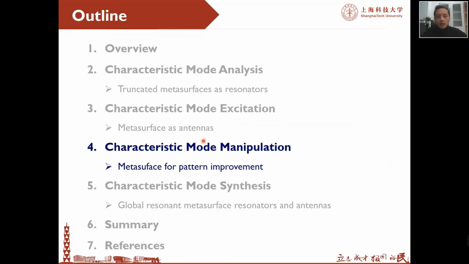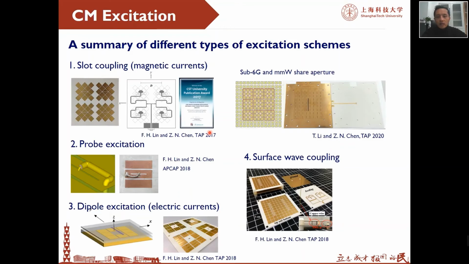To summarize a few excitation methods, first we have the slot coupling. We can make an antenna array, just put the slot in the right position. Then we also have the probe excitation, and we could also have electrical currents very close to the metasurface, in this way using electrical current coupling.